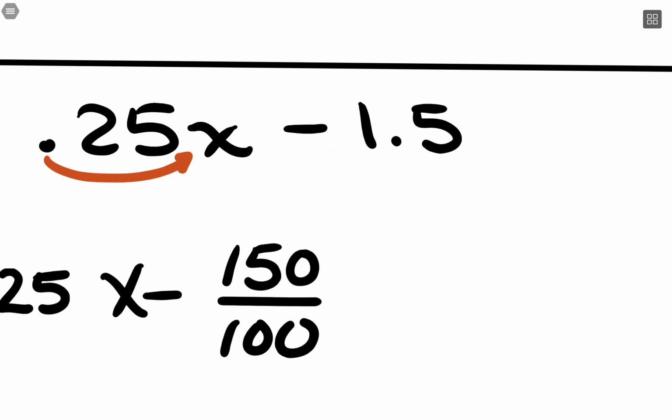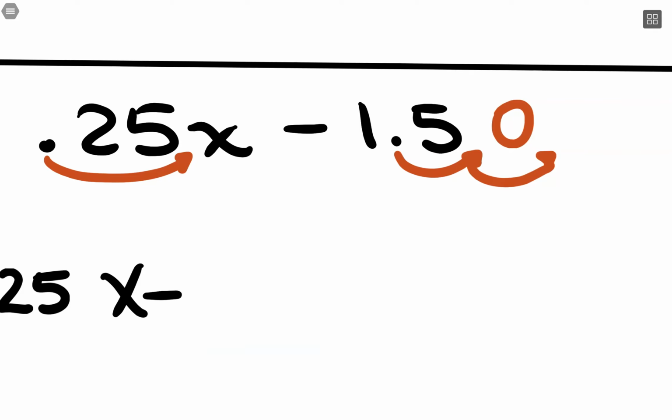And then this last one, move to the right 2 spots. It has to be the same number. And notice there's a gap there. So what we would do is just fill in the blank with a 0. So this would be 150.